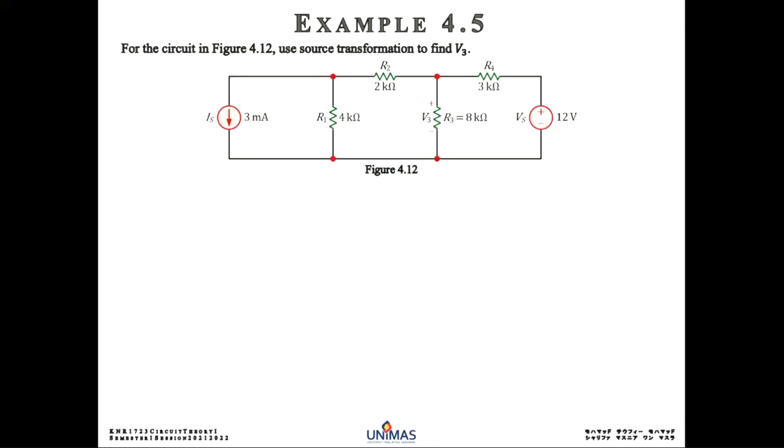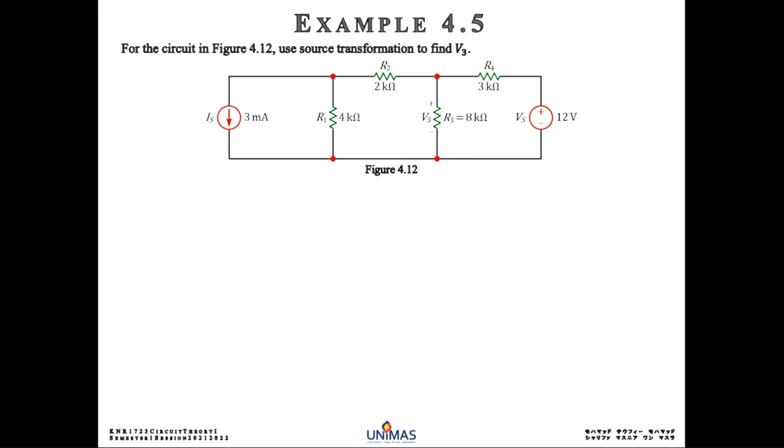So you can see one example, a straightforward example, is this. Okay, you have two sources, one current source, one voltage source, and you want to find the voltage across V3 there.